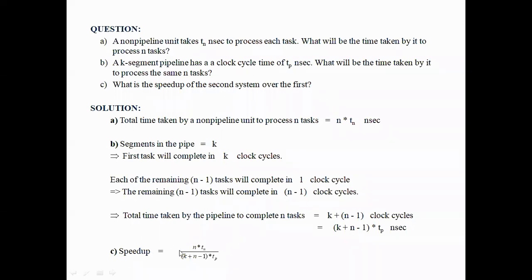So the answer of the A part divided by the answer of the B part. The first part was n into Tn, the second part was k plus n minus 1 into Tp. So this will be the speed up. The number of times the pipeline system is faster than the non-pipeline system is given by this formula.